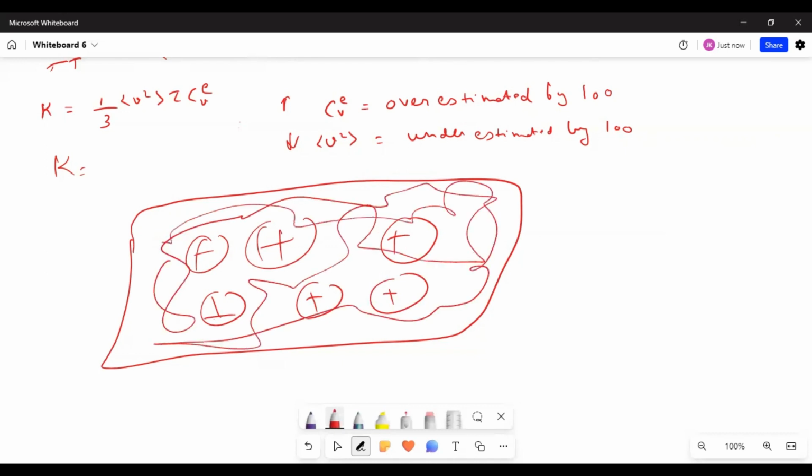It assumes that there is no interaction between the electron and the positive ion core, and also there is no repulsion between electron and electron. So it's very strange, right? If there is a positive charge, there is a negative charge, there is bound to be an interaction. So these were the shortcomings of the Drude model that I discussed.